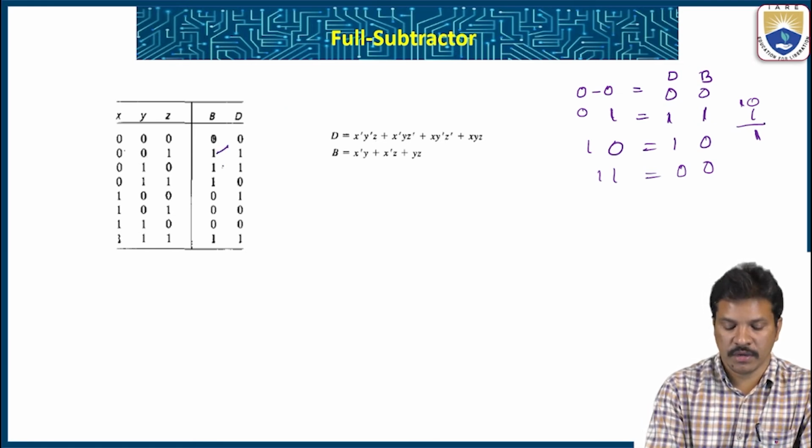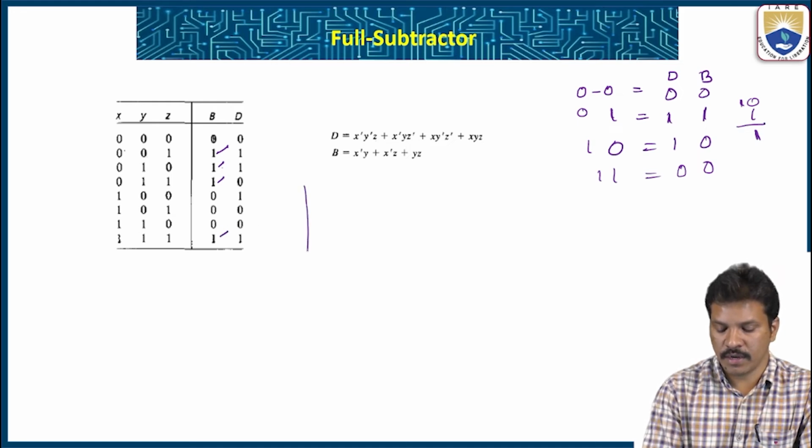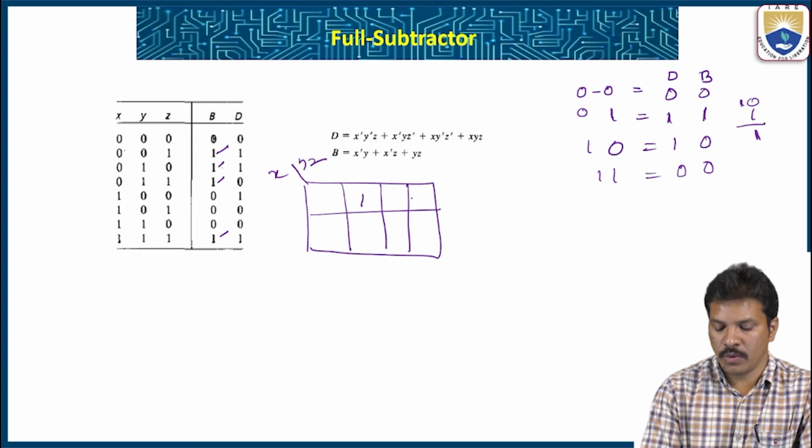For this one, minterms 1, 2, 3, 7. So how can we make the groups? In order to cover this one, we need to create a pair. In order to cover this one, pair.